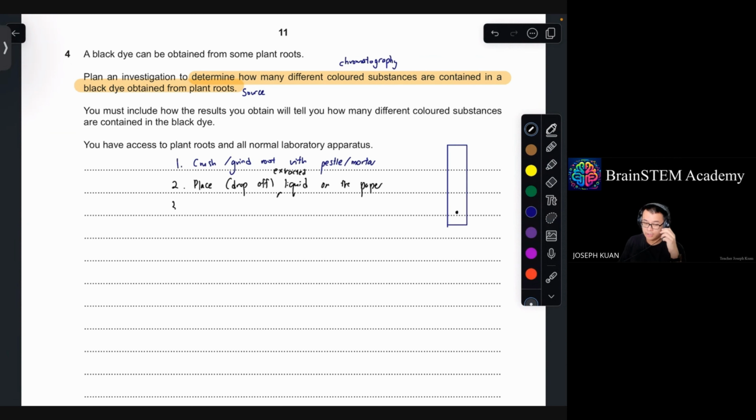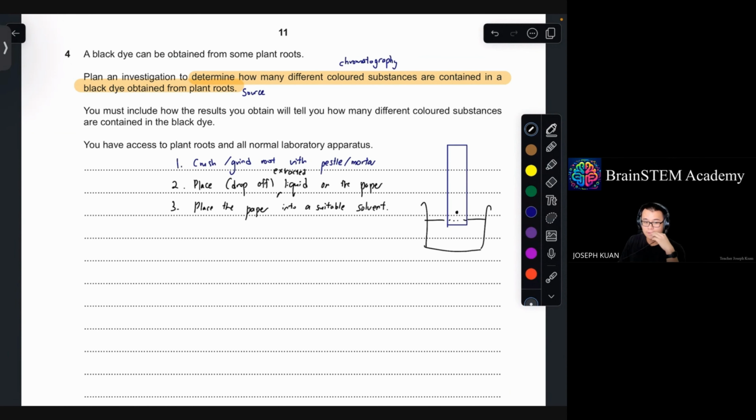And then three is to immerse this into a suitable solvent. So place the paper in, and the level of the solvent should not be above the drop.